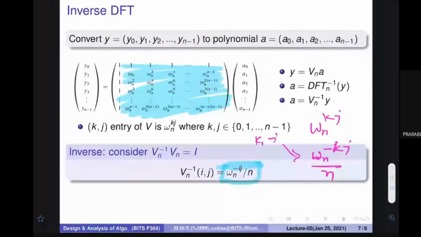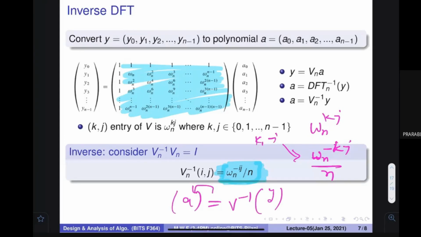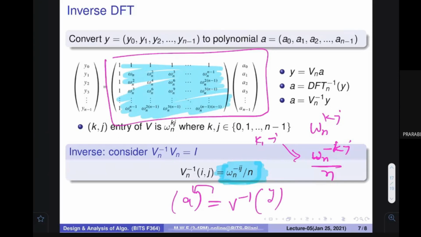And when you know the inverse, the problem becomes: there is some v inverse, and there is some y, equal to a, and you want to find the value of a. Earlier, this was the problem, and you solved it using the FFT and found the value in order of n log n time.